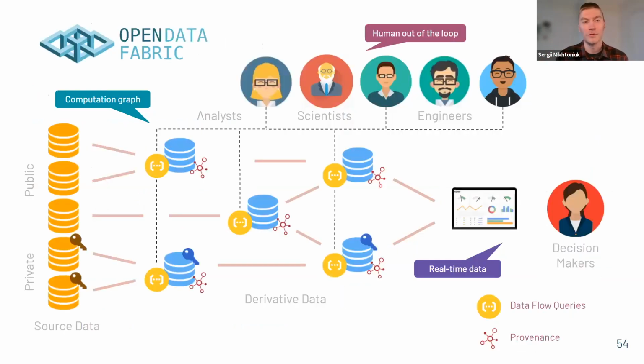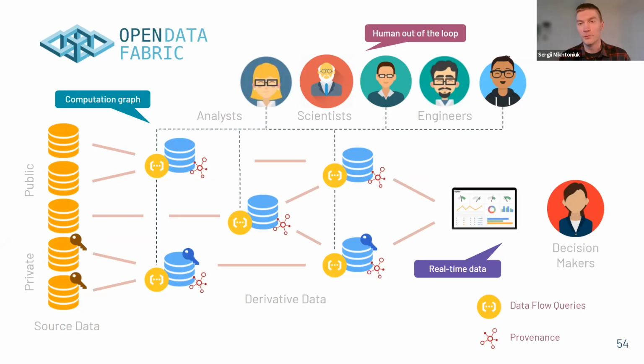Conceptually, here's how it looks. On the left, we have data publishers that are constantly supplying data to the system. This data enters a computational graph comprised of derivative datasets. Every blue dataset here is just a bit of streaming SQL that continuously processes data. It enriches it, aggregates it, extracts some insight, and in real time provides data to decision makers, to AI and machine learning, or for automation.